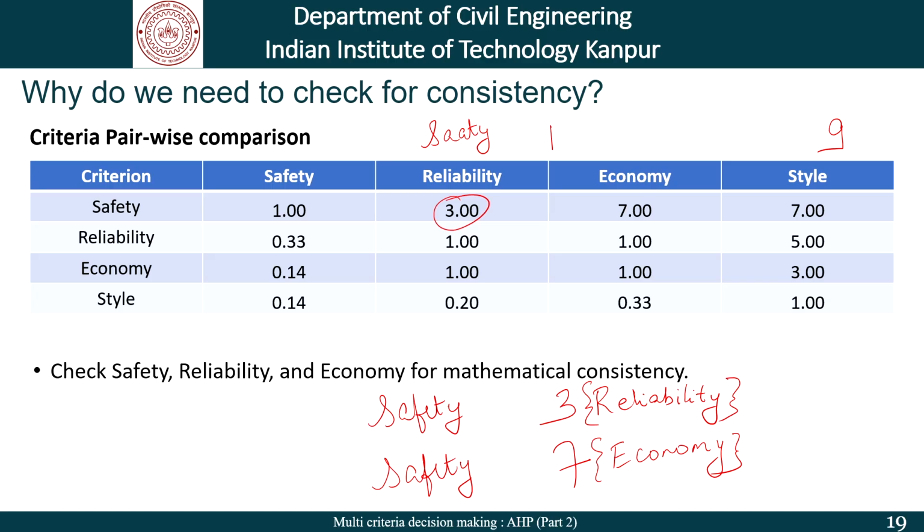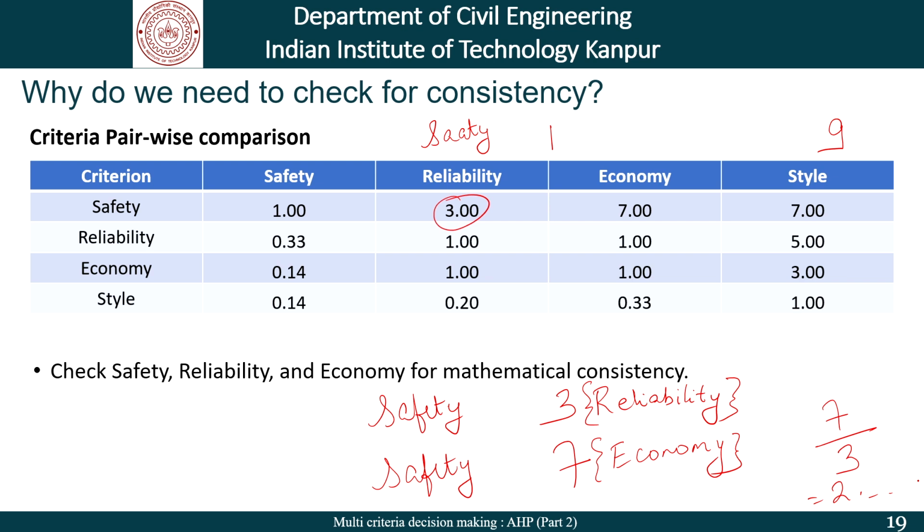Now, based on this information, one could actually calculate what should be the relative preference of economy over reliability. Since we already have these numbers, based on the way we have defined the relative performance of safety and reliability as well as safety and economy, one could say that economy when compared to reliability should have a score of around 7 divided by 3, which is 2 point something.